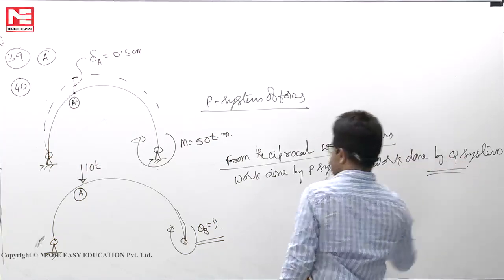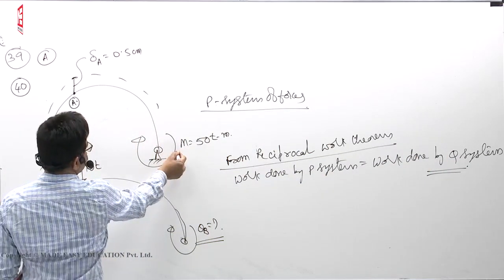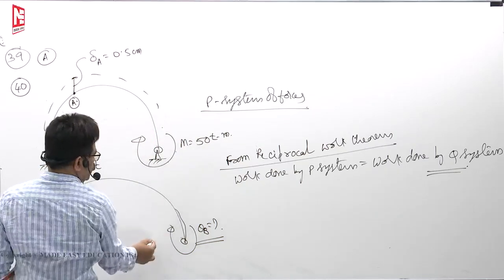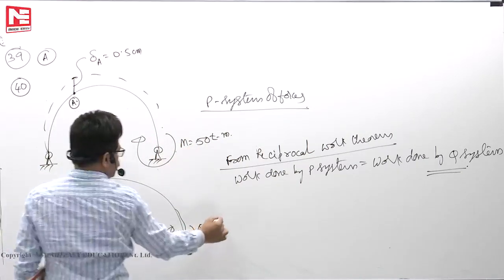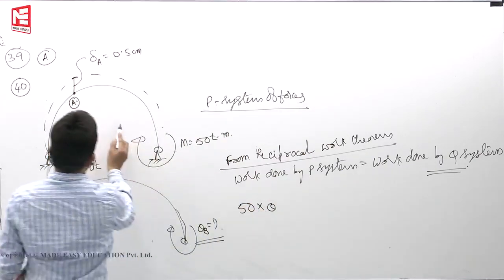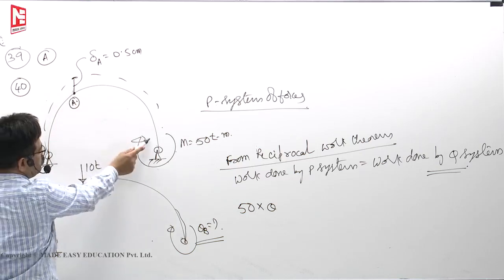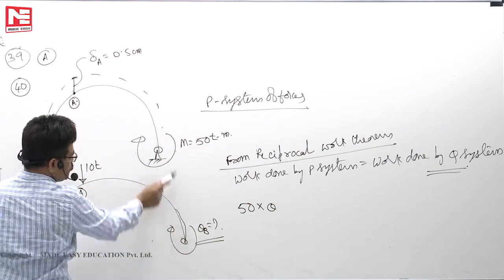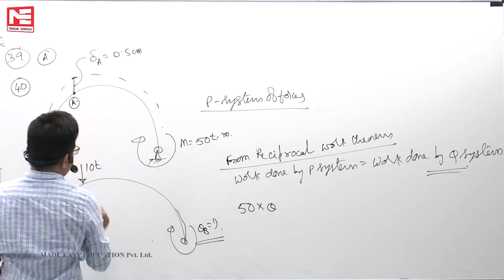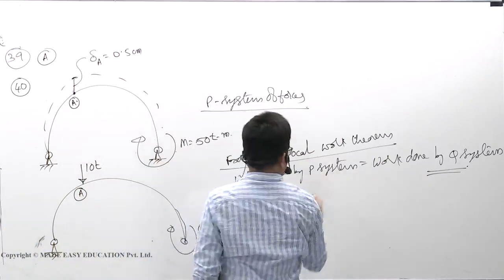Work done by the P system means only this is there. The P system is rotating theta, 50 ton meter into theta. When you are applying M, load is not there here. Work done by this system is only M into theta. Next, it must be equal to work done by the Q system.